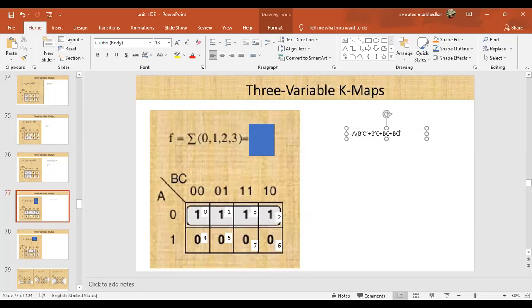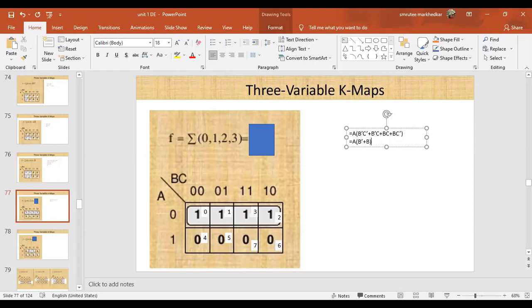Now we will just see, can we trace out something common? Yes, I think a lot of things can be common here. Let's take A common. Then we are left with the first two terms. We are having B bar as common. Naturally, C bar plus C will make it 1. So I am not writing anything. Then BC and BC bar, what you can see? B is common.